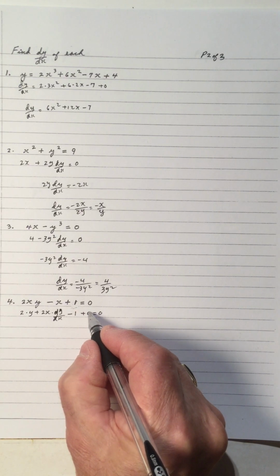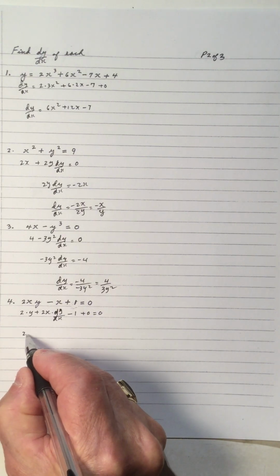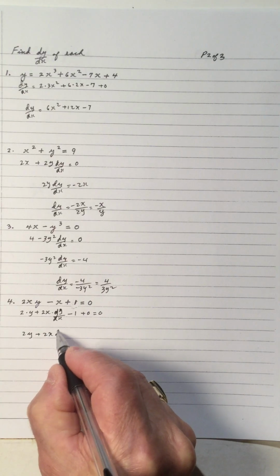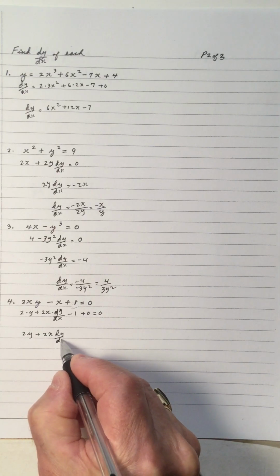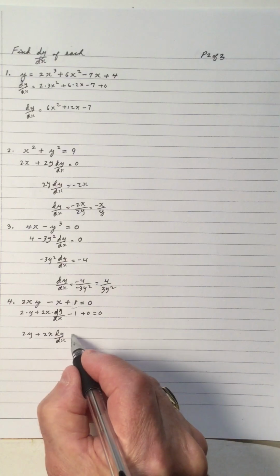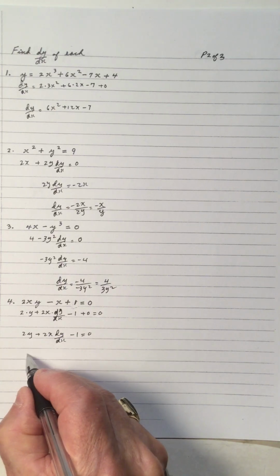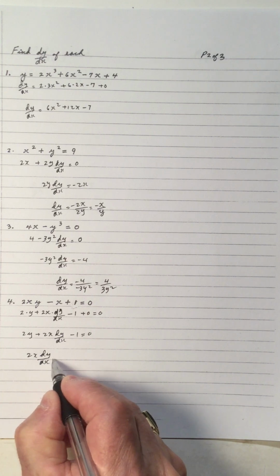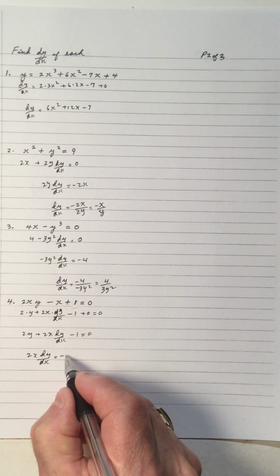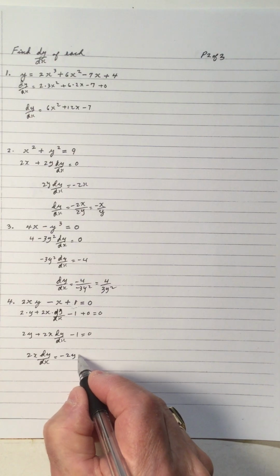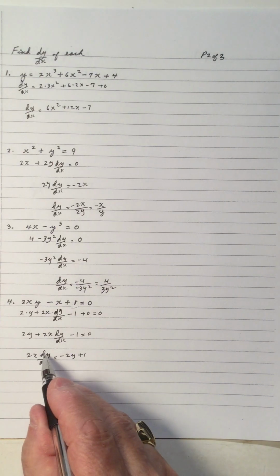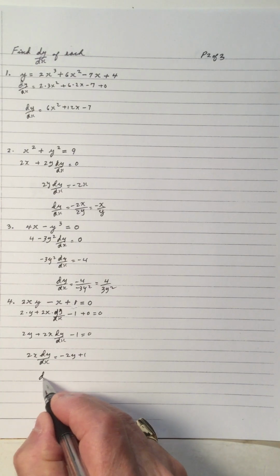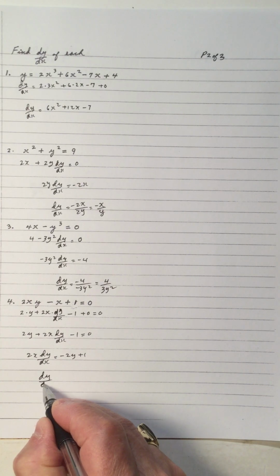The derivative of the constant is 0, so I get 2y plus 2x dy/dx, and that's a minus 1 equals 0, so 2x dy/dx is equal to negative 2y plus 1, and I have to solve for dy/dx, so I'll divide by 2x on each side.